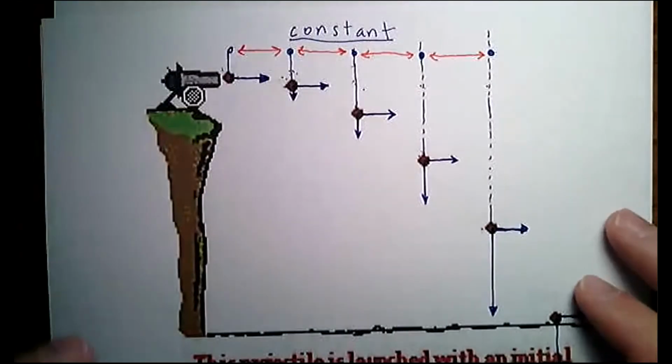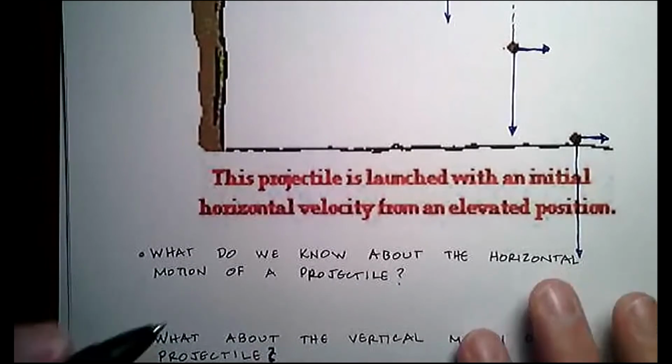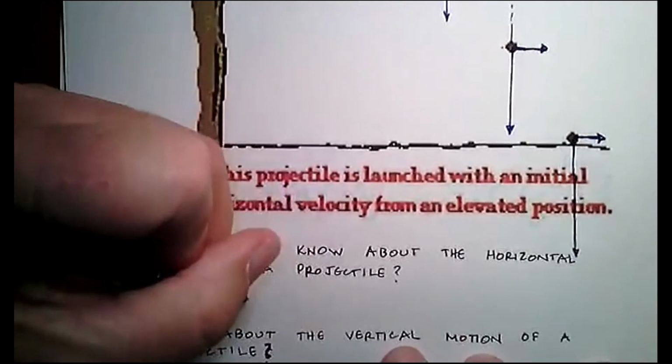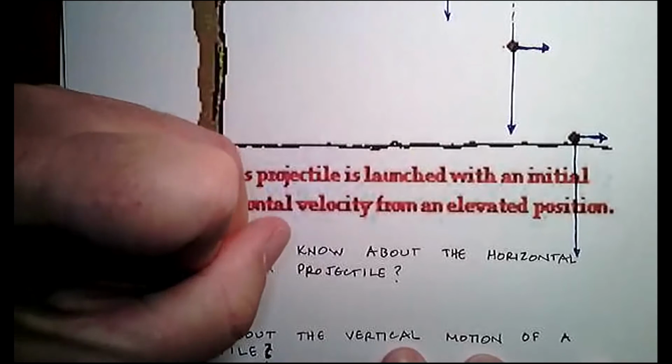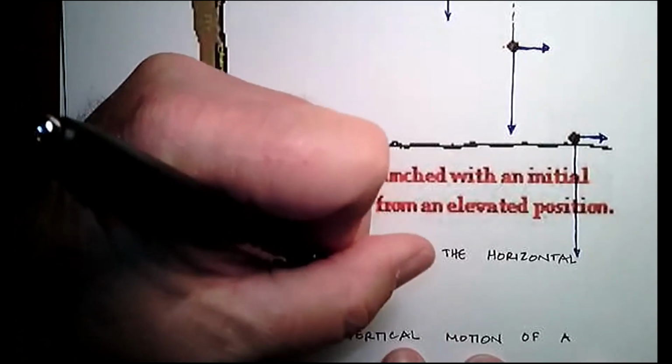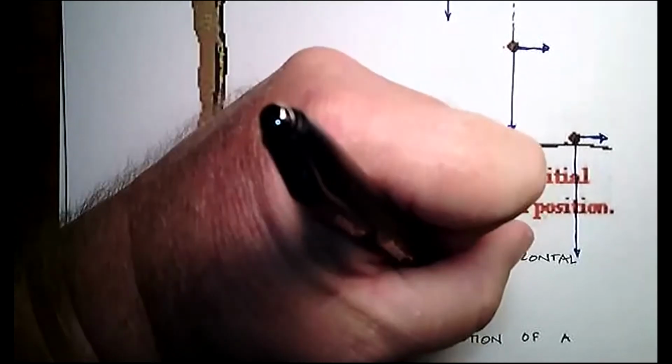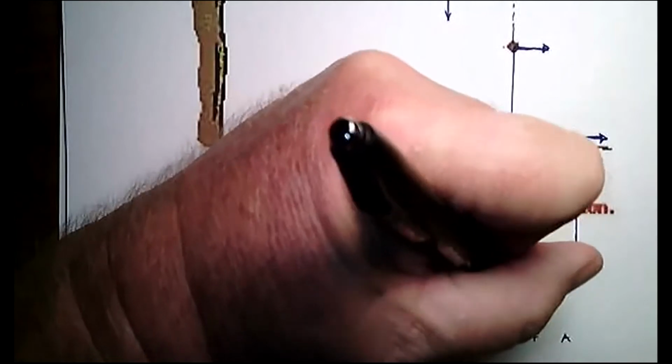All right. So what do we know about the horizontal motion of a projectile? We know that the horizontal motion of a projectile is constant. That is to say, it does not change.